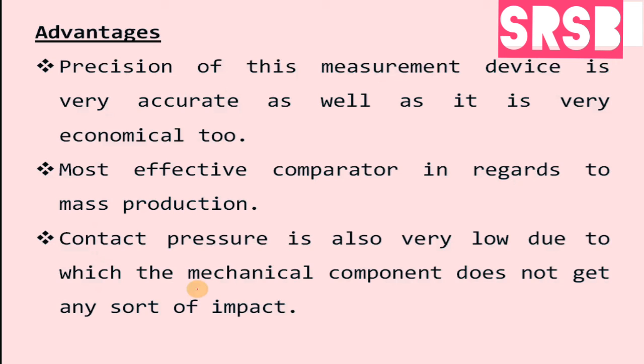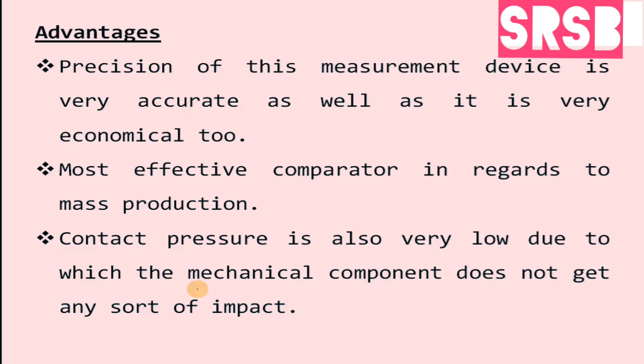Next, what are the advantages of the dial indicator? The precision of this measurement device is very accurate, and it is also very economical. It gives good accuracy and precision when properly used and evaluated with the support of calibration.